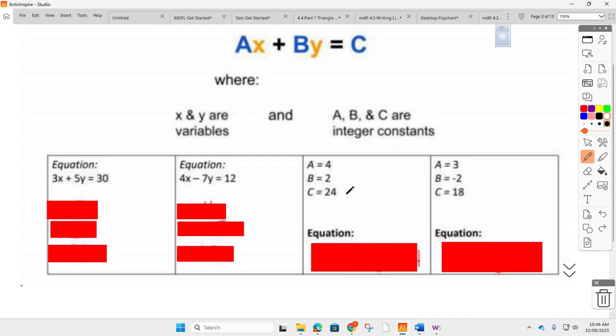We use integers a lot in algebra. An integer means no fraction or decimal, right? It can be positive or negative though. So positive or negative number, no fractions or decimals.